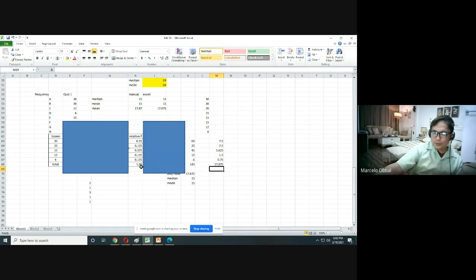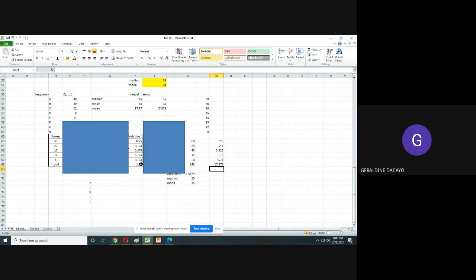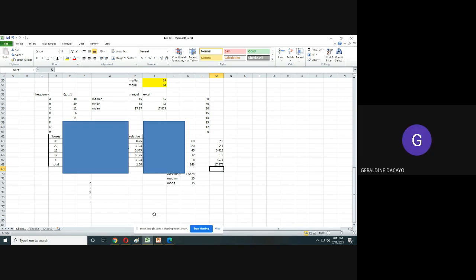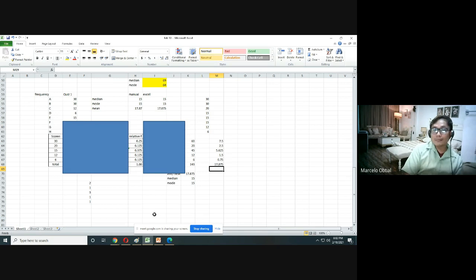If we add this 2, add natin, 0.25, tama? If we add 0.25 sa 0.375, nandoon ba ang 0.5 at 0.6? Yes. So therefore, 15 pa rin yung ating median.